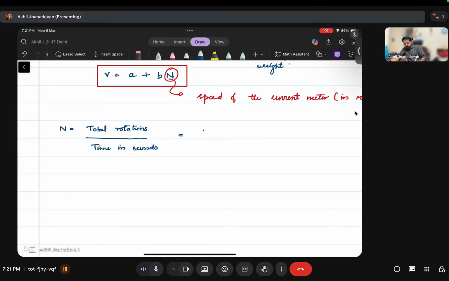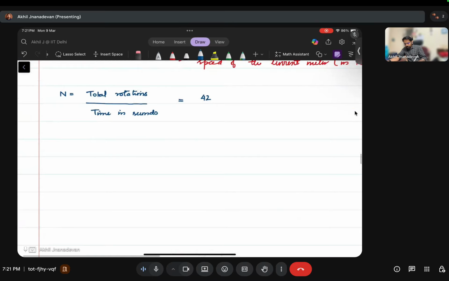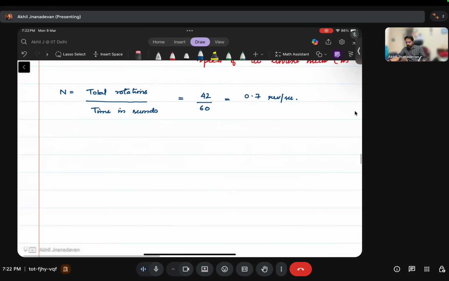It rotated 42 times in 60 seconds, so 42 divided by 60 equals 0.7 rotations per second.